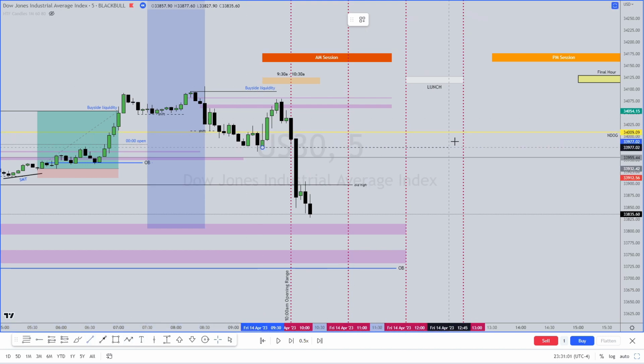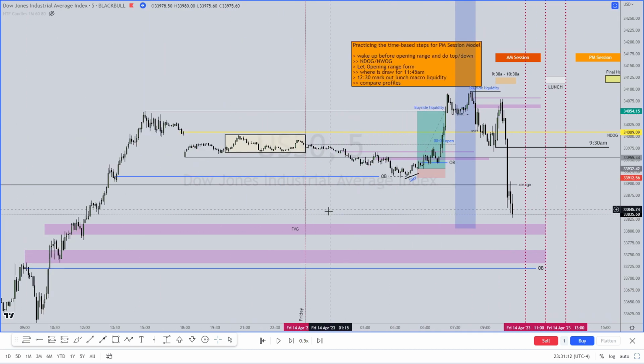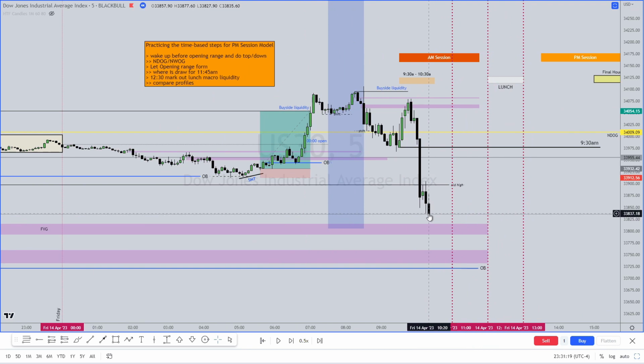So here's 930. I'm gonna want to hold on to that. 10 o'clock's done. Don't need to mark that out no more. So those previous 15 and 1 hour arrays, this is where I'm watching to see at what point do we start to get close to these arrays. I don't want it too early.